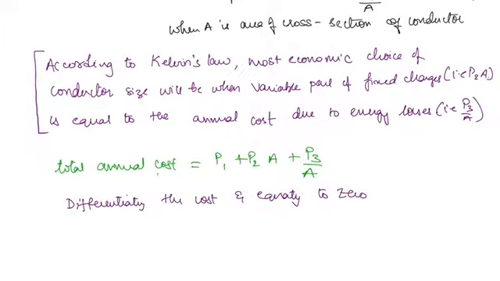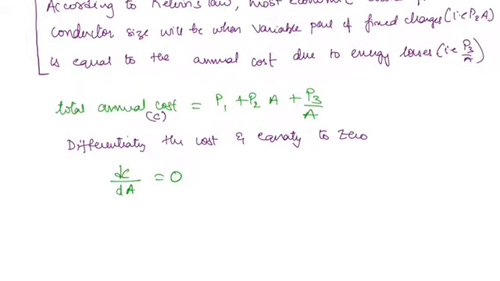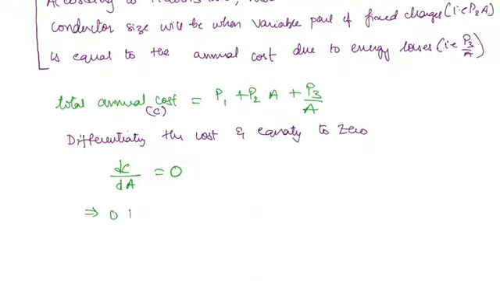If we take the annual cost as C, then dC by dA is equal to 0. We have to differentiate with respect to the area of cross section. So this is going to be 0 plus P2 minus P3 by A squared, and this is equal to 0.